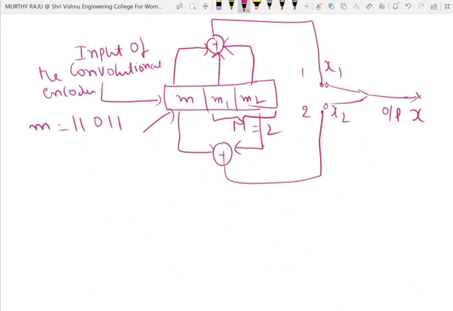These two bits are used to represent the state of the convolutional encoder. The possible states are 0 0, 0 1, 1 0, 1 1, because M1 and M2 are the two previous successive bits.